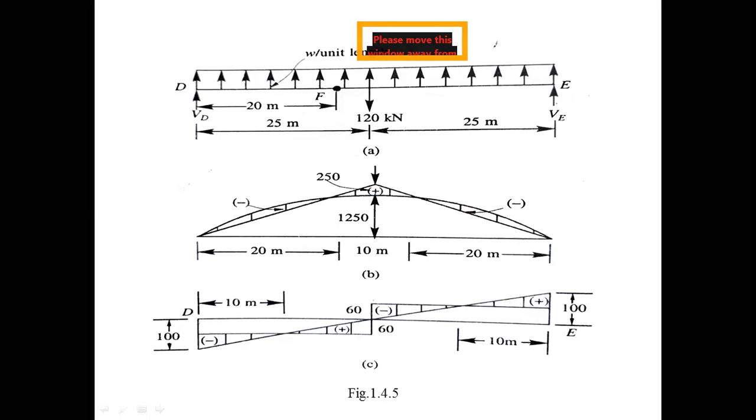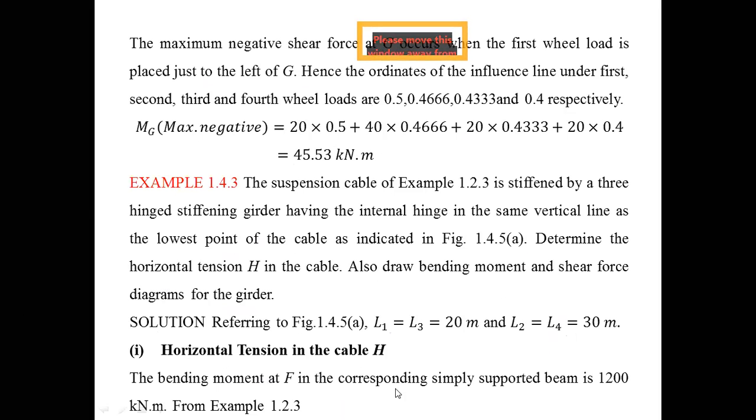So here, first find the bending moment at F corresponding to the simply supported beam. Are you getting 1200 kilonewton meters for the external load W of 120 kN? Hello?